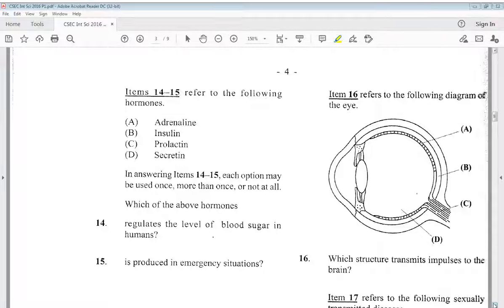Secretin. All right. So, which of the above hormones, 14 says, regulates the level of blood sugar in humans? So, what would be your answer? So, which one of those regulates the level of blood sugar in humans? We know it is B, insulin.